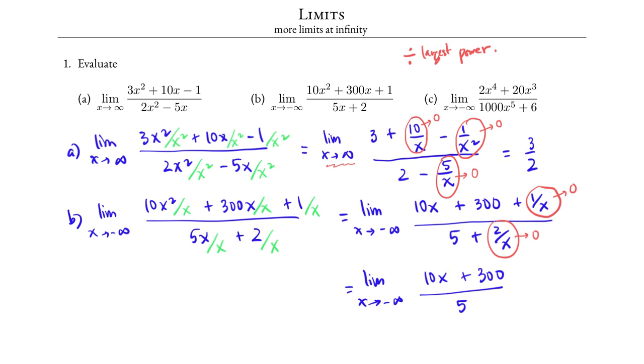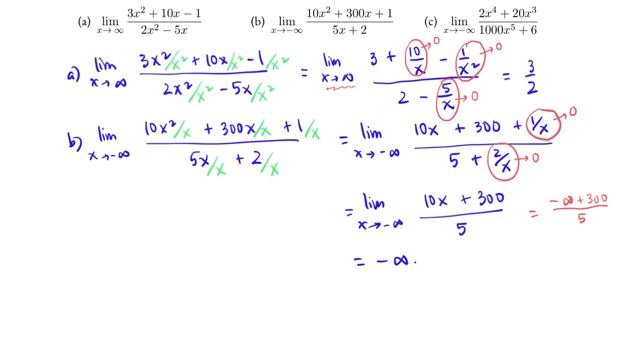Now, as x gets to a very large negative number, 10 times a very large negative number is still a very large negative number. And then adding 300 to that very large negative number would not do anything. And so we end up with a very large negative number divided by 5, which is still a very large negative number. And so the answer is negative infinity.